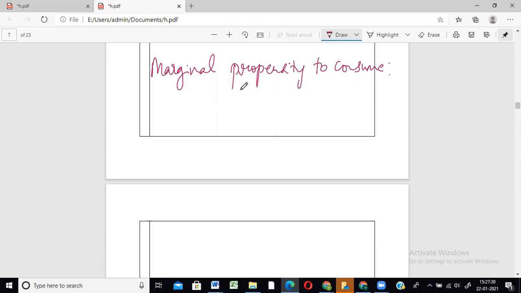So as I said, this is with respect to expenditure. Consume means you are spending, you are incurring expenditure. So that is what is called to consume also.